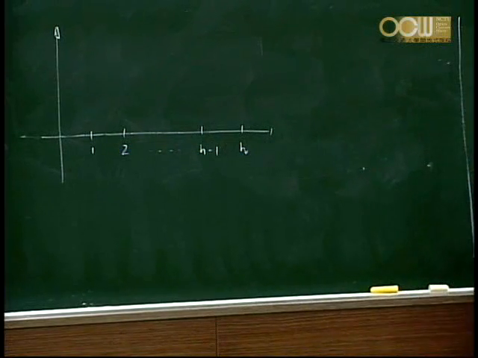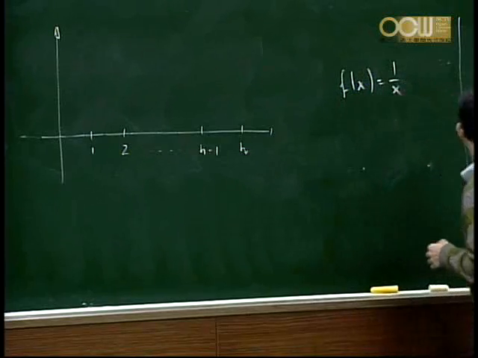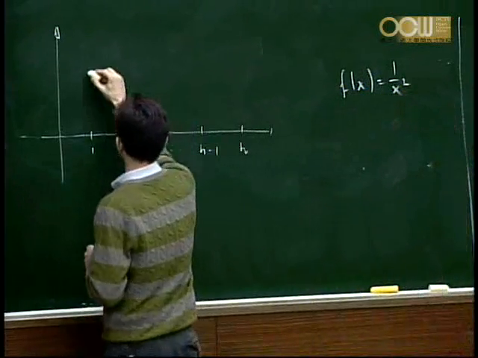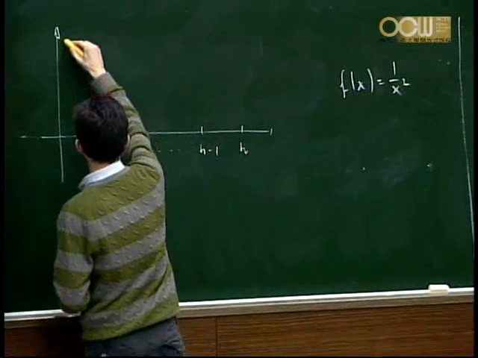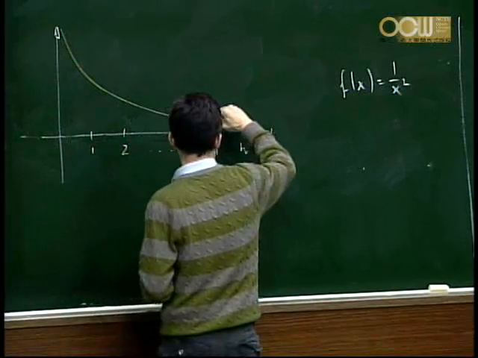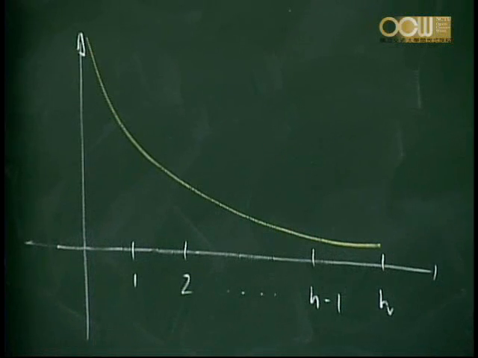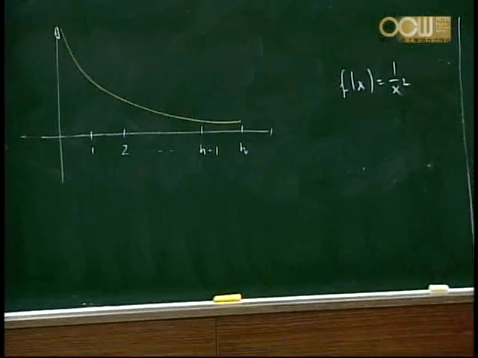Now what we plot is this function here, so f of x is equal to 1 over x squared. So this function looks like, okay, something like this here. Now you see, how can you interpret this sum here?